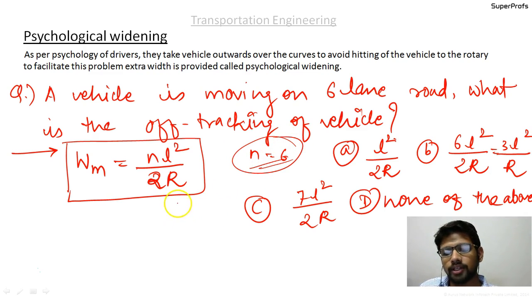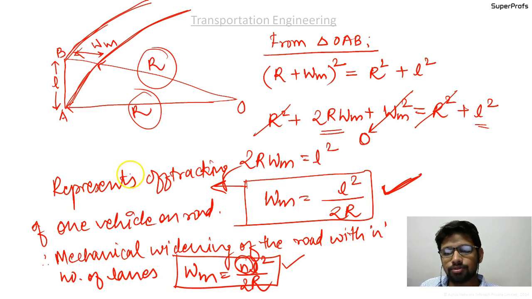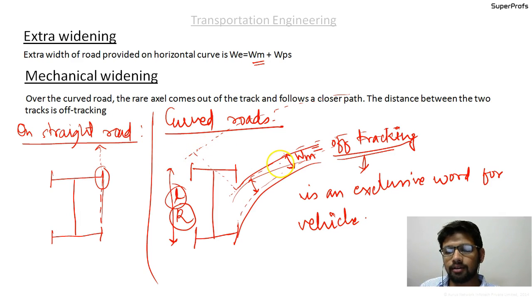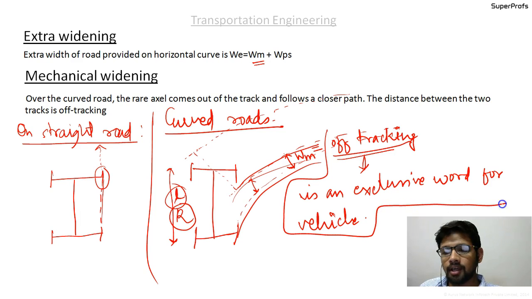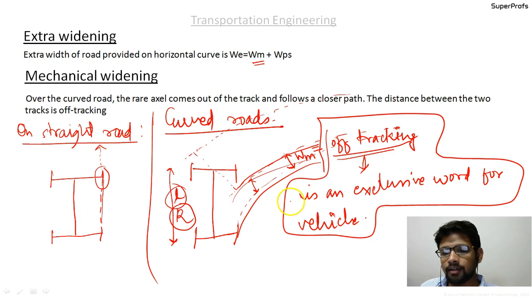Okay, so let's move ahead. I have explained just now that off tracking is a term that is exclusive for vehicle. We are extrapolating it to use for one lane.